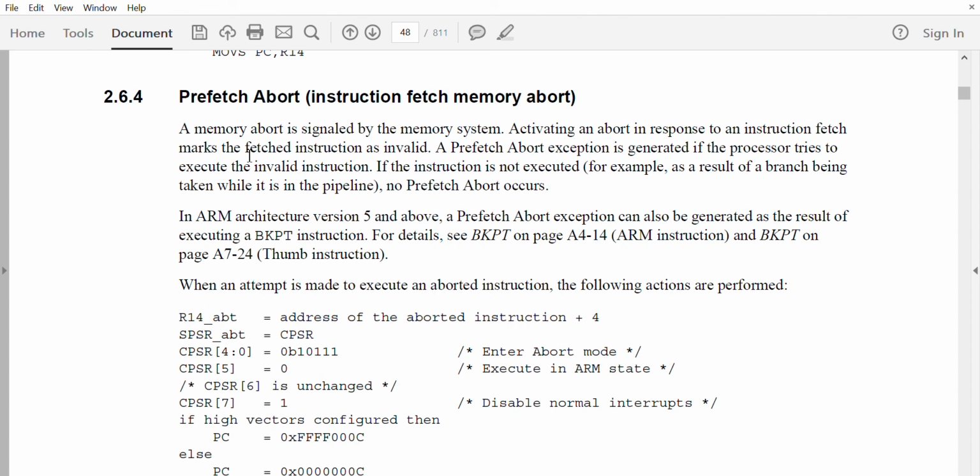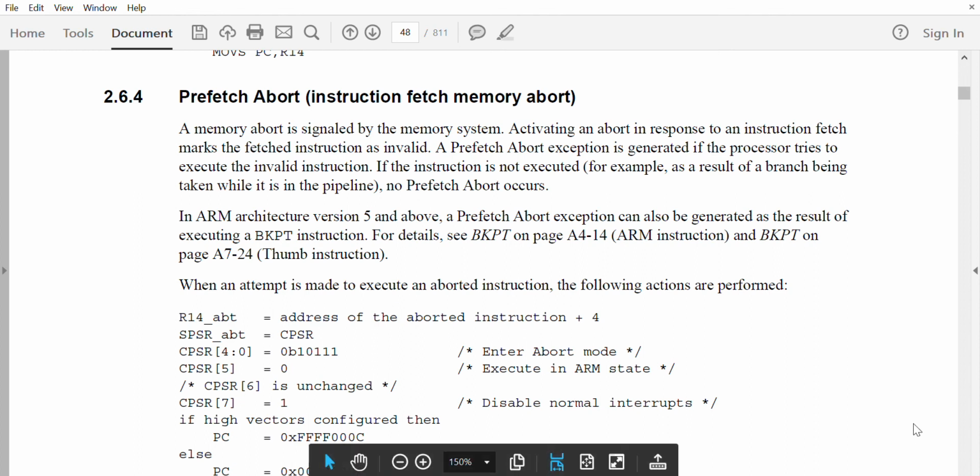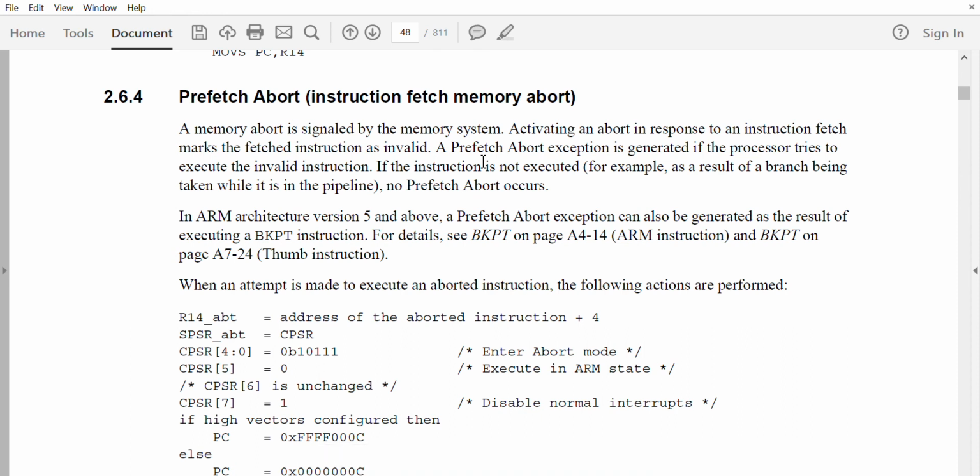And the processor, after fetching it, tries to execute this invalid instruction. At that time, a prefetch abort exception will happen. So if the instruction is fetched but not executed, then prefetch abort does not happen.